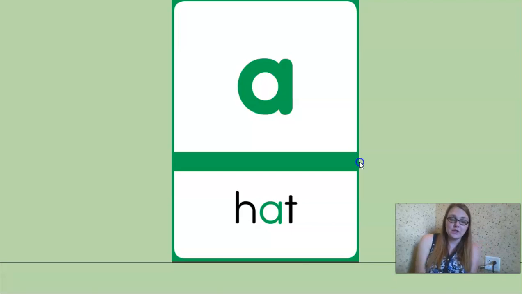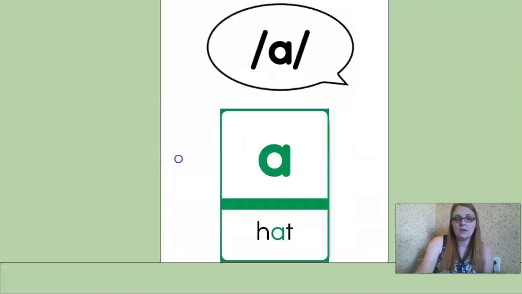On these cards, it will show us how common or uncommon that spelling is for that letter sound. Now, this bar goes all the way across the card. That shows us that this is a very common, in fact, the only spelling for the sound A. So on our chart, we'll add our new card for the A sound. So the only spelling for A is the letter A.